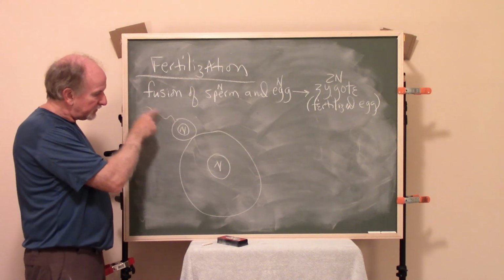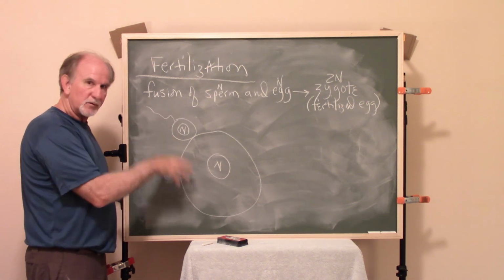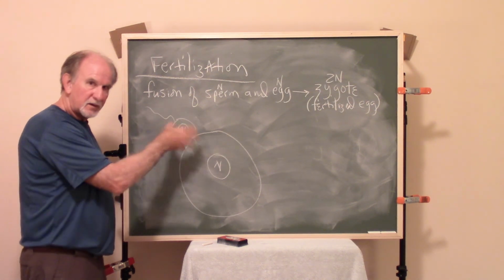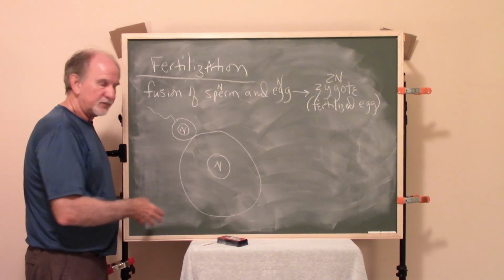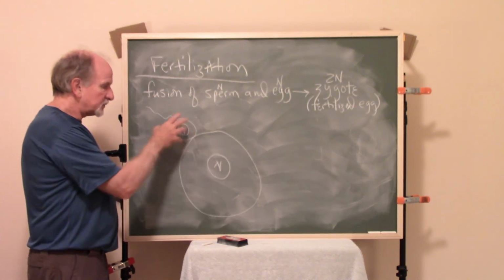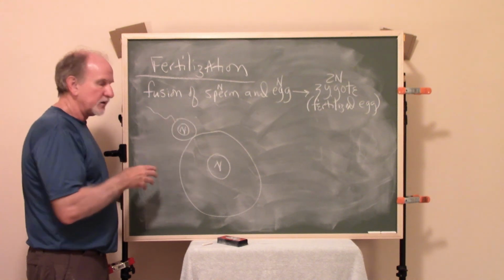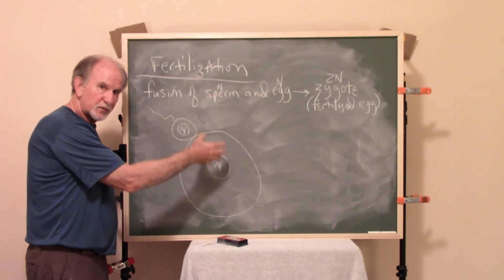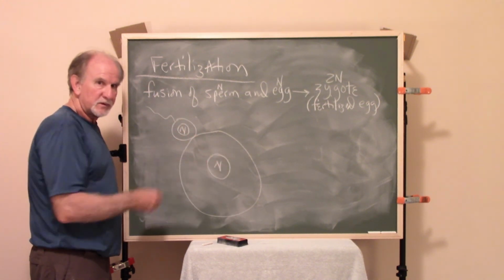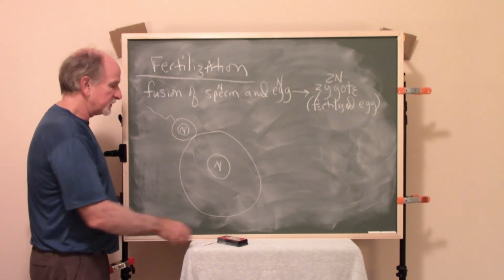So this would be a flagellated sperm cell in the fallopian tube making contact with an ovulated egg. The sperm would be a haploid cell with 23 chromosomes, and the unfertilized egg would be a haploid cell with 23 chromosomes.